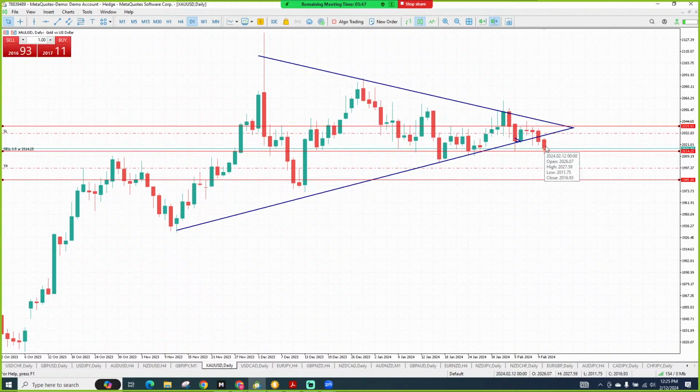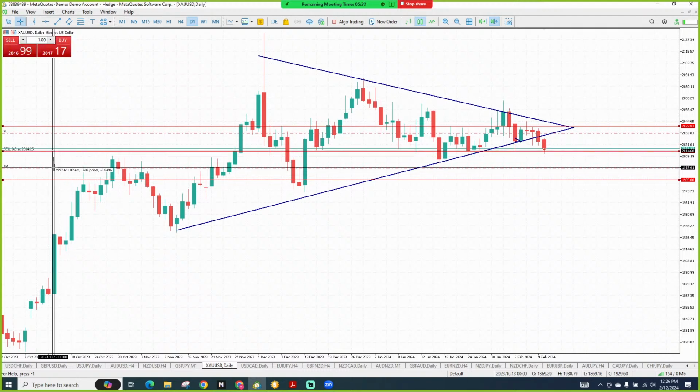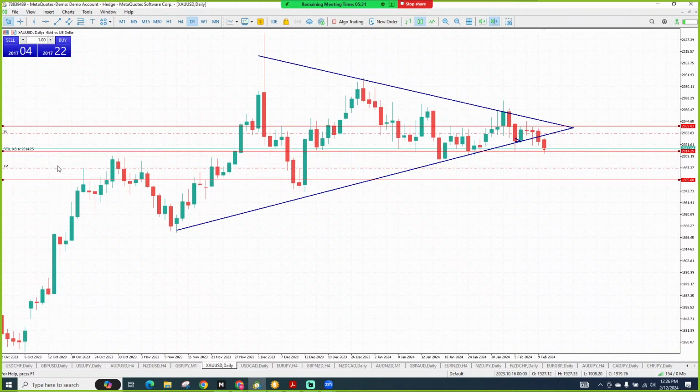But it has already formed this wick up here, and it's a daily, so it might not get back in there, which means probably it's going downward. That would be 169 points if it goes in my direction.